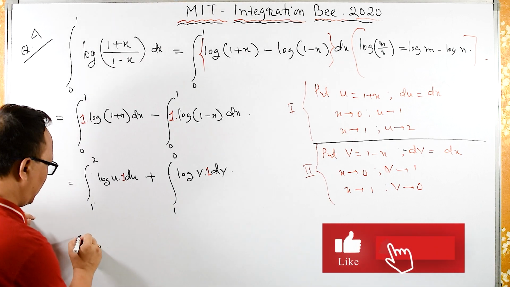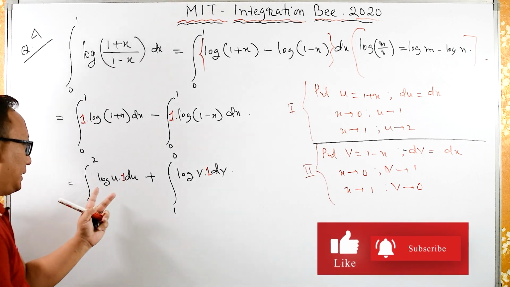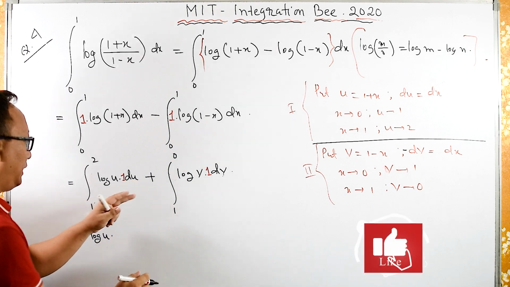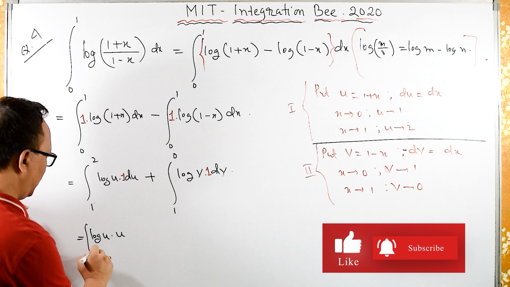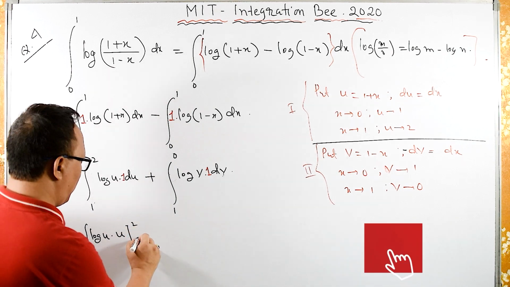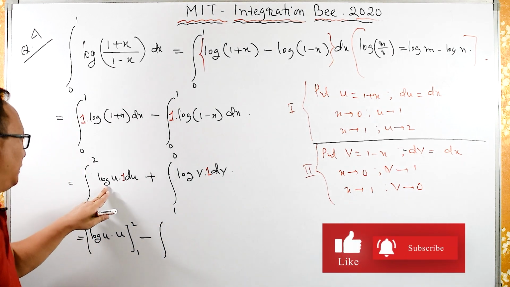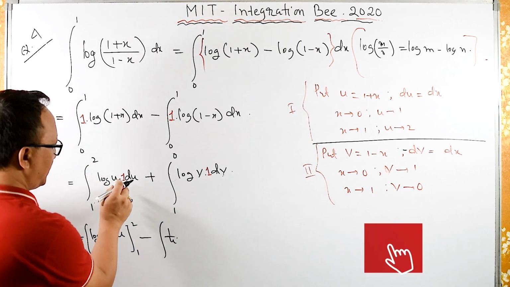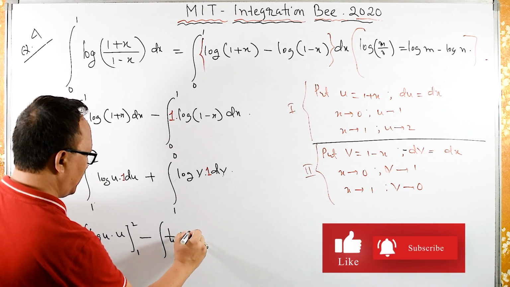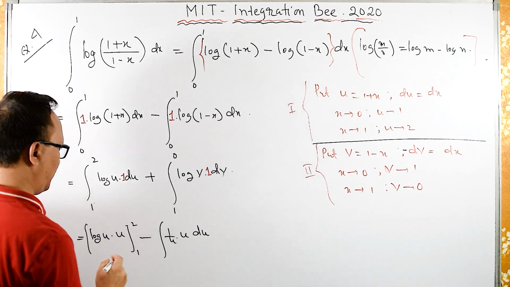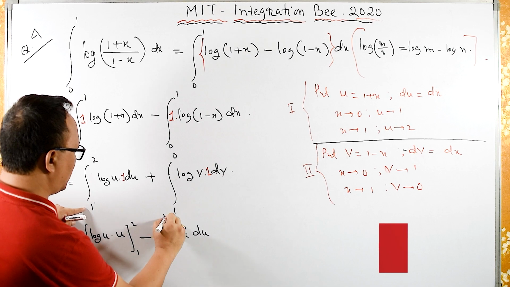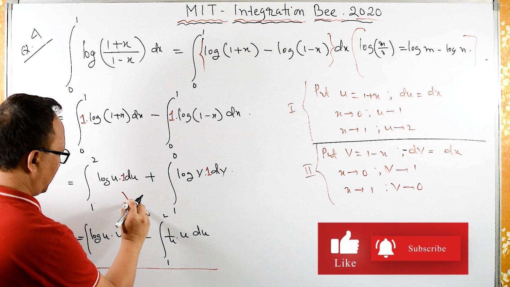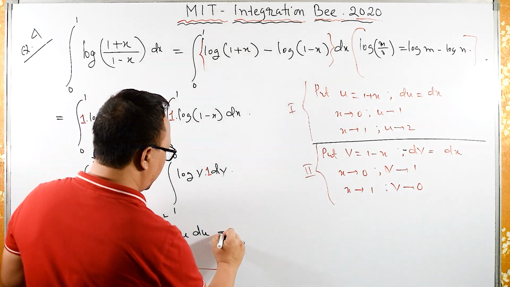So it equals, first function kept as it is, log of u, and integral of 1 du becomes u, limit from 1 to 2, minus integral of differentiation of the first function, 1 by u, times integral of the second function, u, du, limit from 1 to 2. This is for the first part.